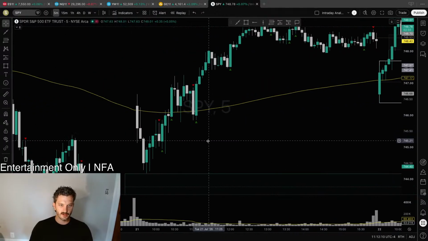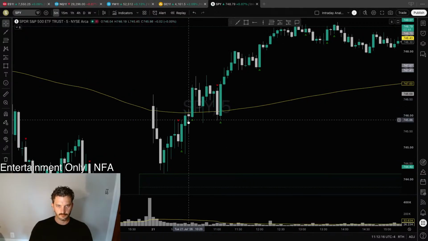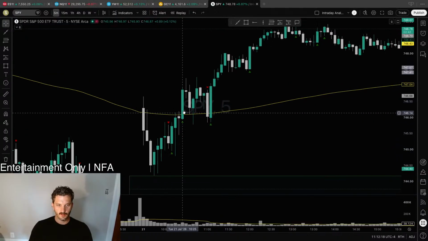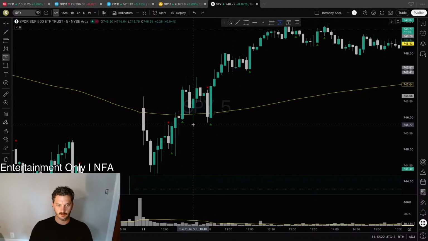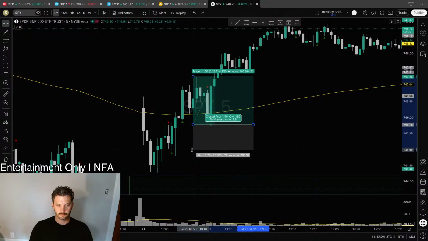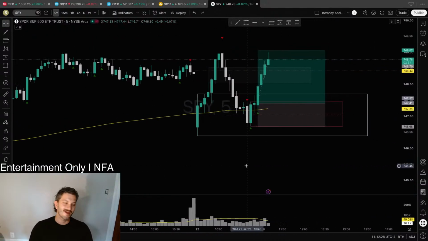So the 200 EMA, basically the entire strategy is like, on yesterday, broke above the 200 EMA, bearish engulfing, long right there, something like that.